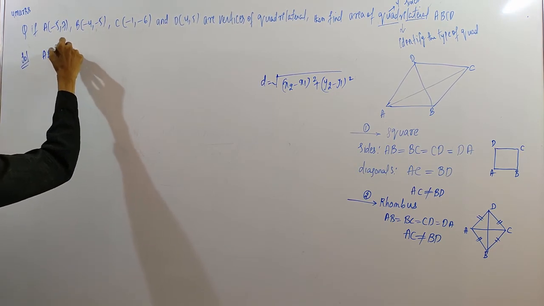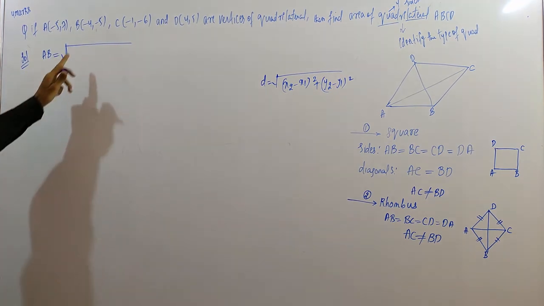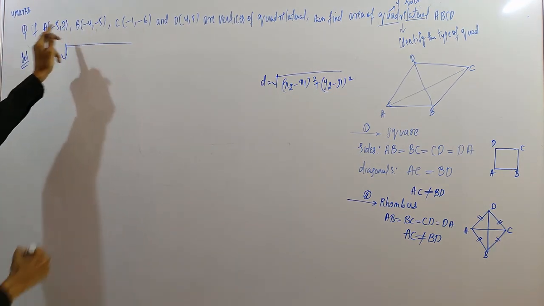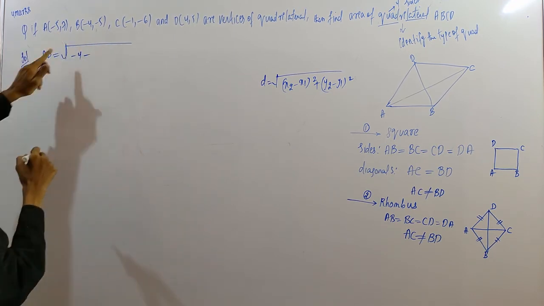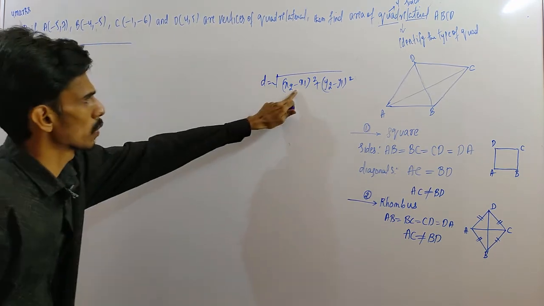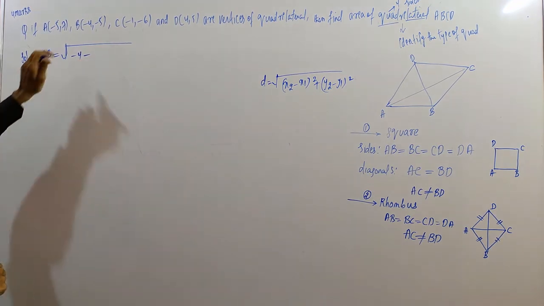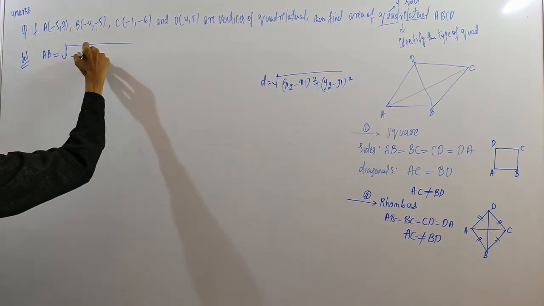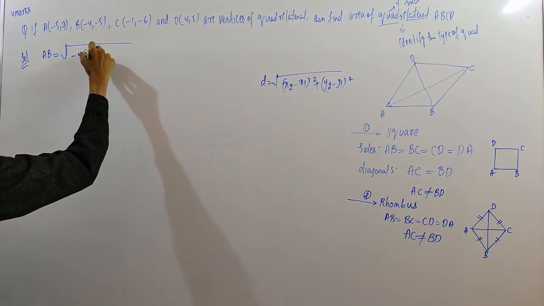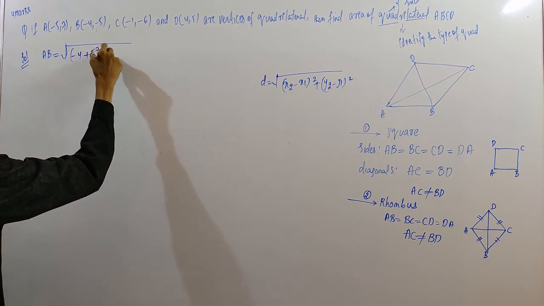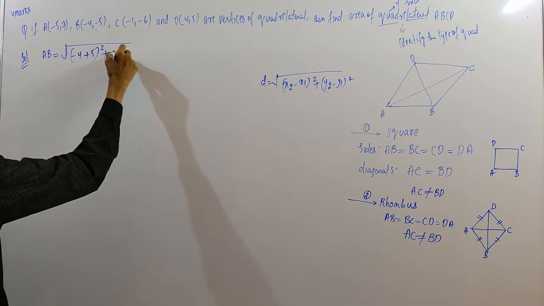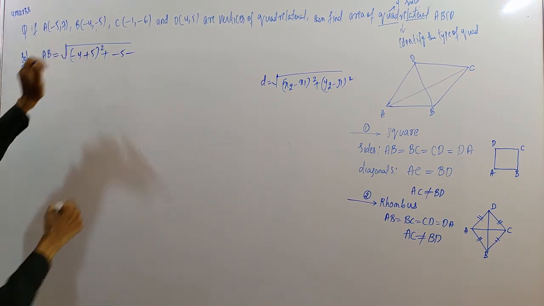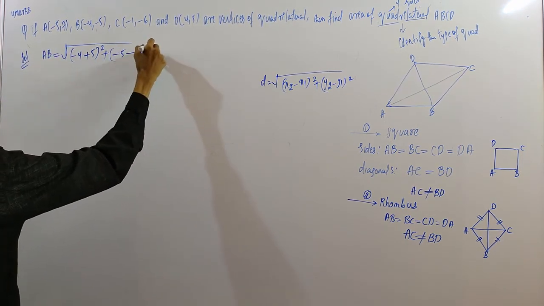AB distance we have under root AB. Difference in y coordinate: minus 4 minus this, minus 4 minus 5, so take this as plus 5 square, minus 5 minus 7 square.